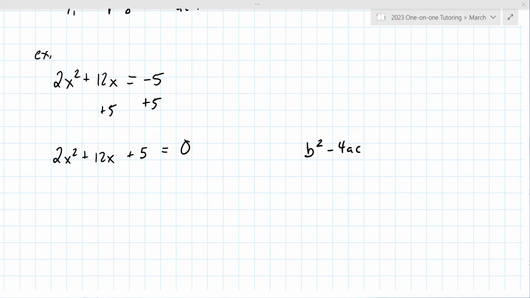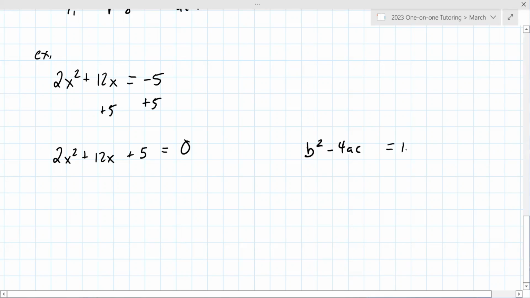It is 104. Yeah. Now we have to take the square root of that, because this becomes x equals -12 plus or minus the square root of 104 over 4.